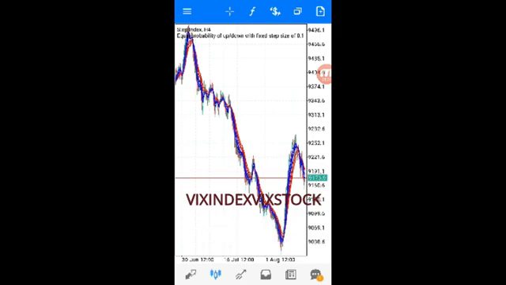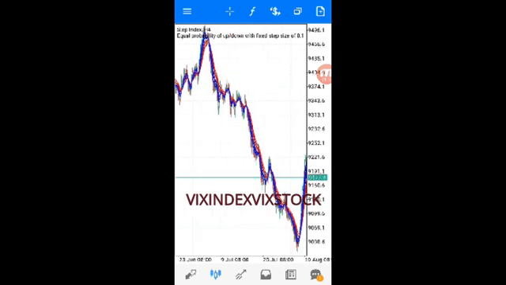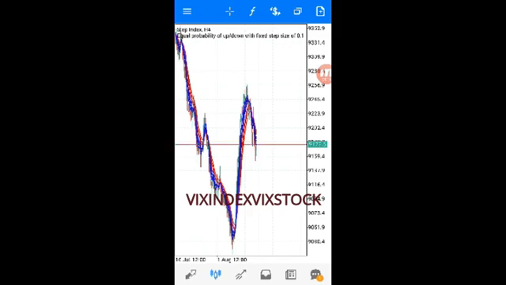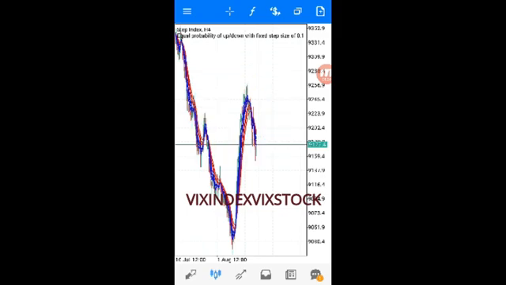Also, pay attention to this point: if you manage to catch a move, Step Index also loves to trend. So you can actually wait for your entry and catch a nice move and get some money.